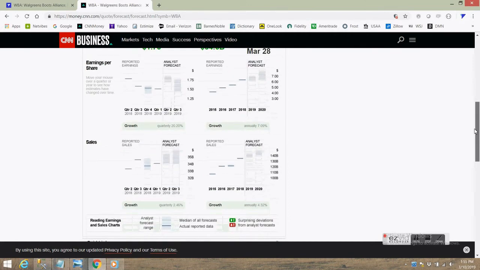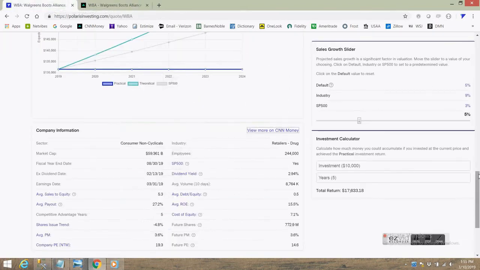And actually you can see an earnings and also a sales forecast here on the CNN site. So it's using 4.32%. We go back and compare that to what the default value is coming out of Polaris, it's close, but it's different. And the main reason is that Polaris uses a different set of analysts than CNN.